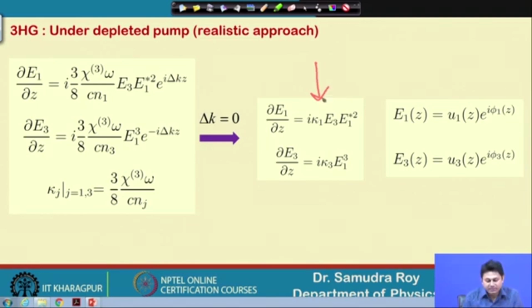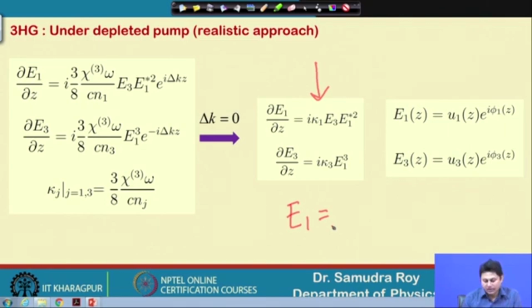Once we have a simpler expression, the next thing we need to do is to calculate the amplitude and corresponding phase separately, because we know that E1 is a complex amplitude. E1 is a complex quantity, so it should have an amplitude and also a phase.